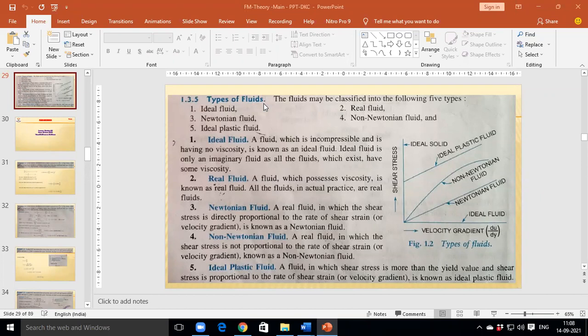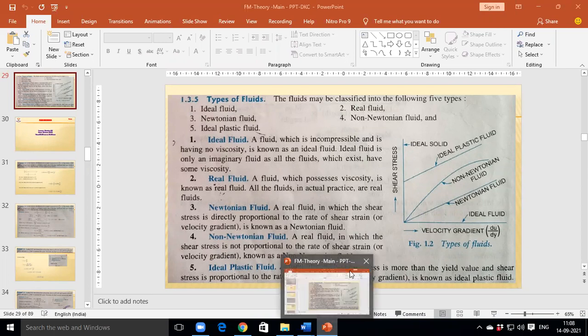Ideal fluid, real fluid, Newtonian fluid, non-Newtonian fluid, ideal plastic fluid, and one more not mentioned in the slide but which we discussed: Bingham plastic fluid.